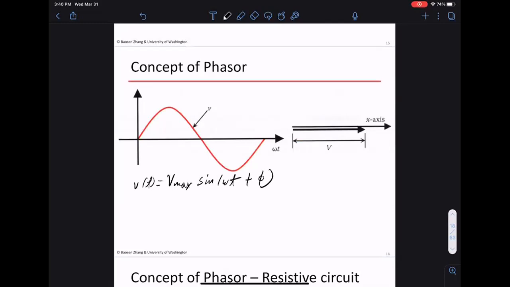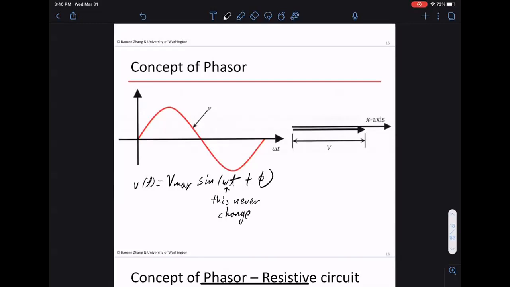What you notice is that omega t never changes. It is carried all over the place. So it becomes very inconvenient to write the sinusoid all the time.